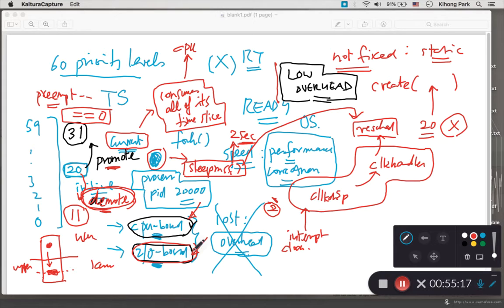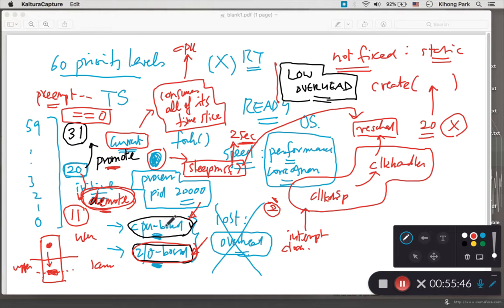And if a process changes its nature over time, for example, it was previously IO bound, but then later on it changes to just hogging the CPU, then it's going to make fewer blocking calls. It's going to more often encounter having all of its time slice being consumed. That will lead to demotion, demotion, demotion of the priority.